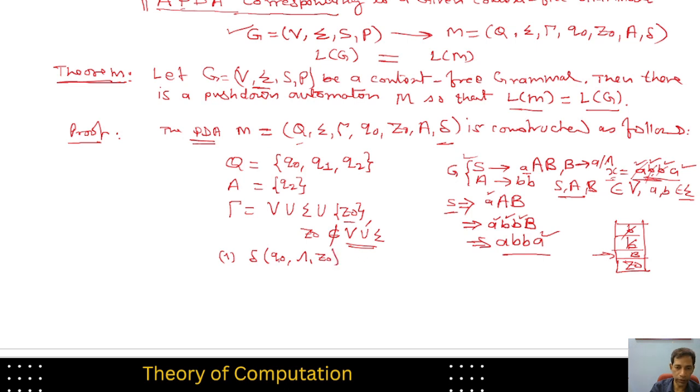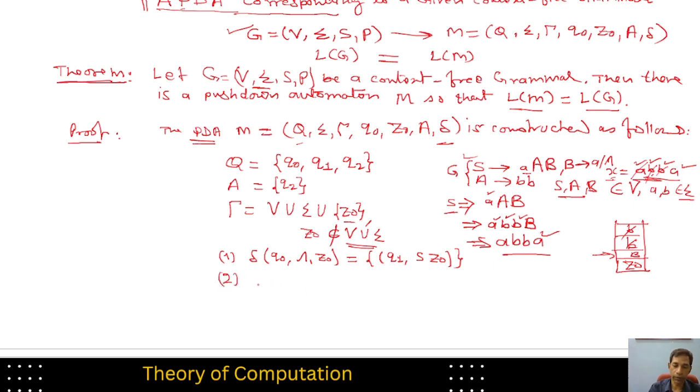So the transition function is defined like this: delta of Q0, null, Z0 is equal to: your machine should go to the state Q1, and we are pushing S onto the top of the stack, meaning Z0 is replaced with S Z0. This is our first job. This is the transition of your PDA.